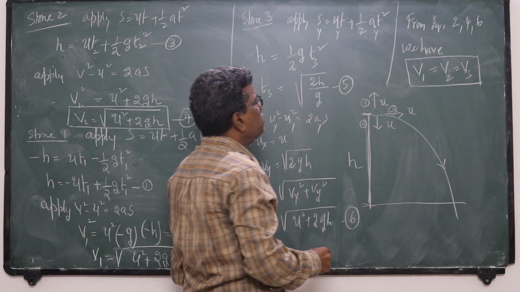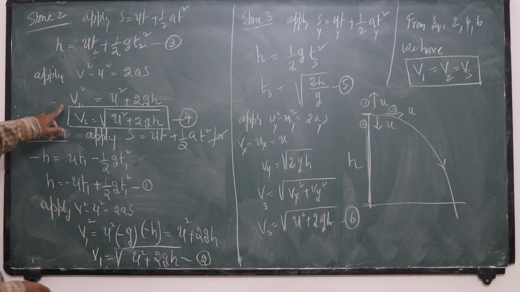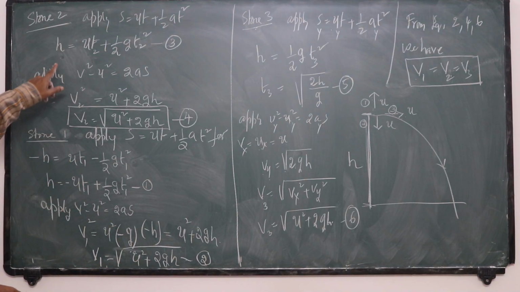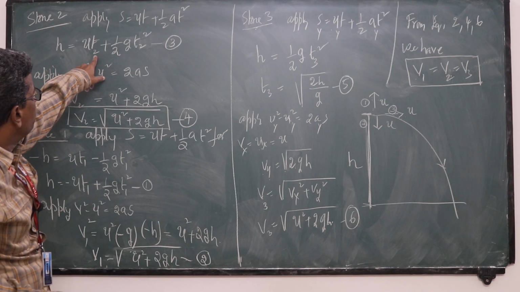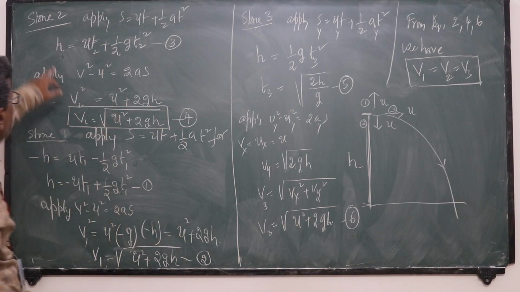The first stone will hit the ground with time t1, you will get this. From this formula, h is equal to u t2 plus half g t2 square. So I multiplied this one.